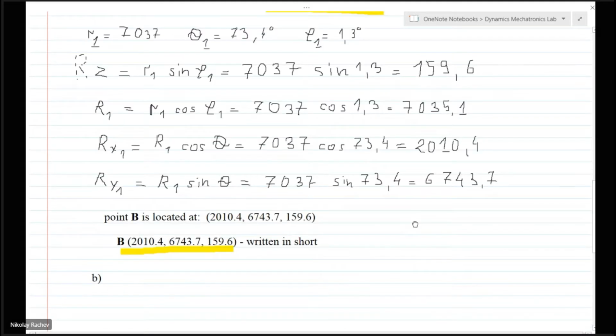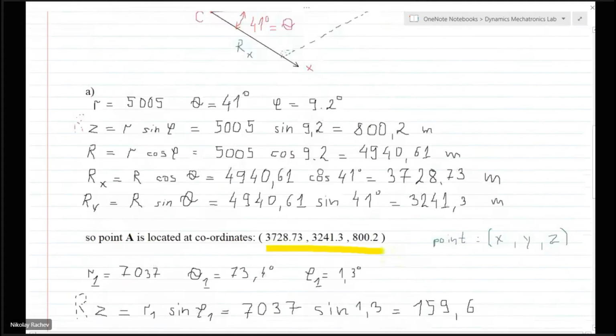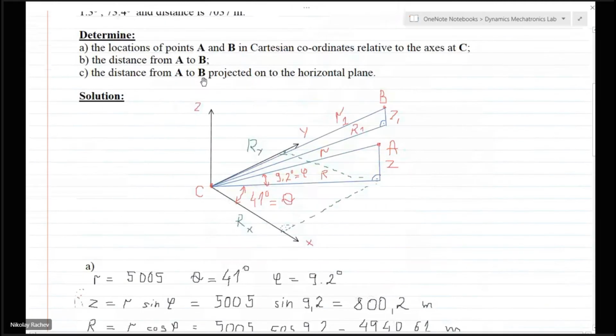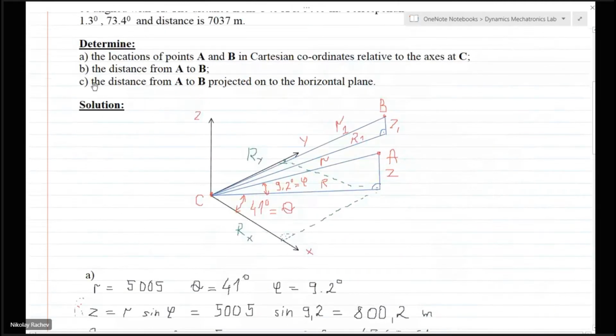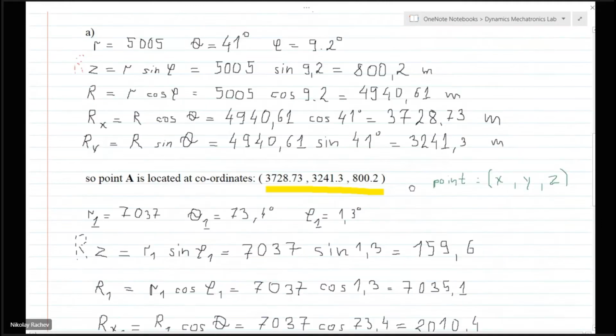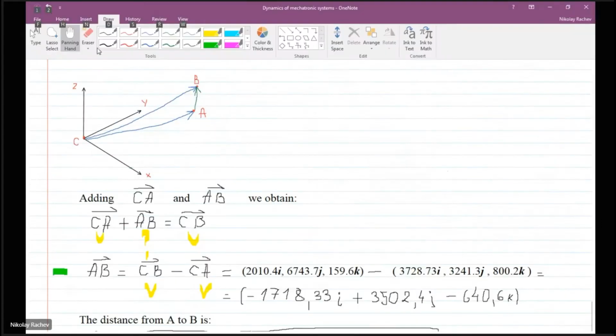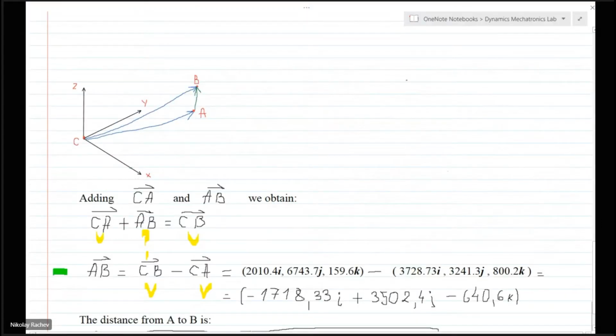Now, let us finish very quickly with the last part of our task, and that is the same distance from A to B, but projected on the horizontal plane. I will use only the green color here because that's not part of the solution.